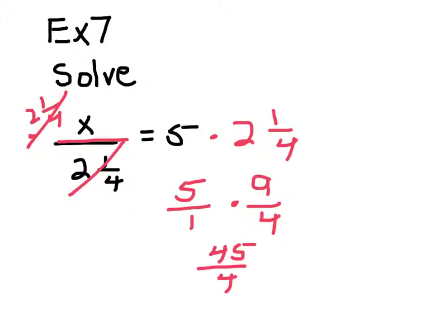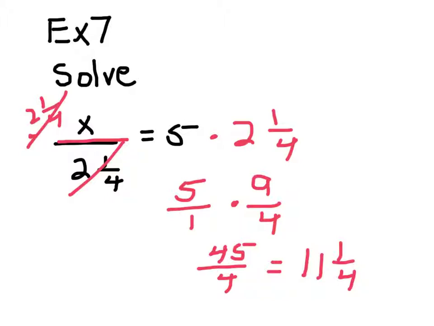Can you divide 45 and 4 by anything? Answer's no. If you want to write it as a mixed number, you can. 4 times 11, so 11 and 1/4, right? Would be the same thing as 45/4. Let's check that. 4 times 11 is 44, plus 1, 45/4.